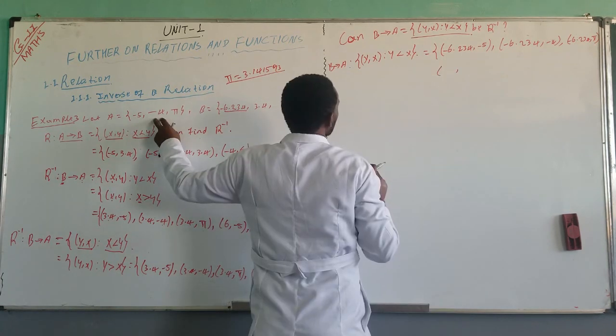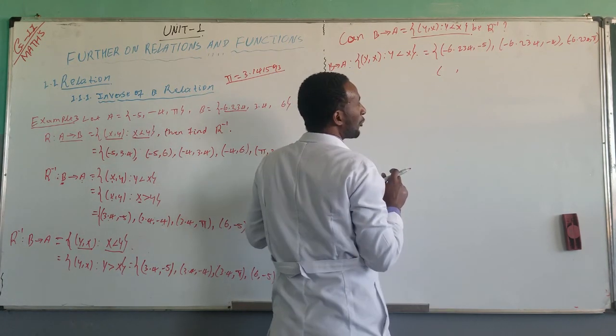Also we can say there is no number which is greater than 3.4 in A.